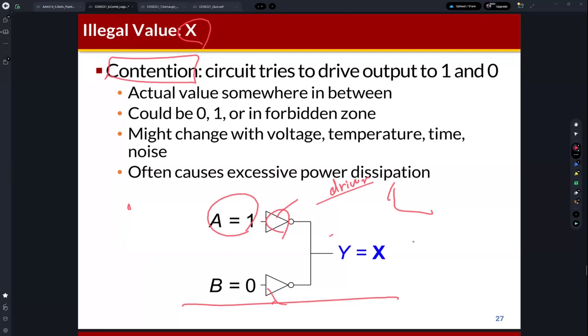And what's the problem? If driver A is driving value 1, and driver B is driving value 0, then what will happen? What's the value of this node? We don't know. We cannot figure out the exact value for this node, but we need to avoid this situation in the digital circuit.